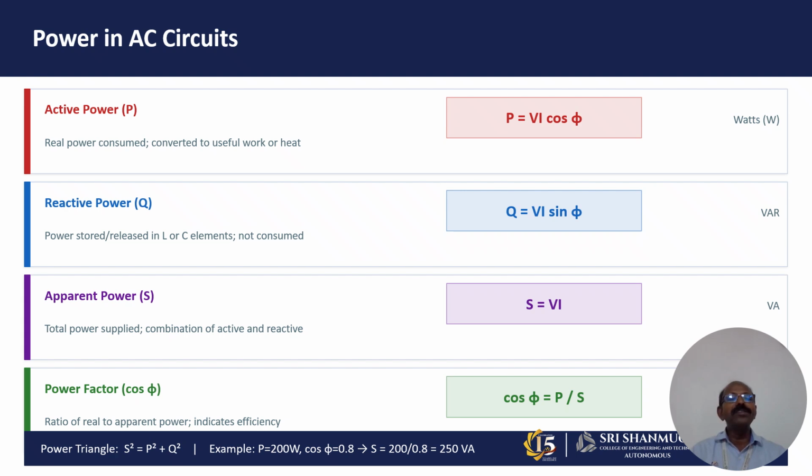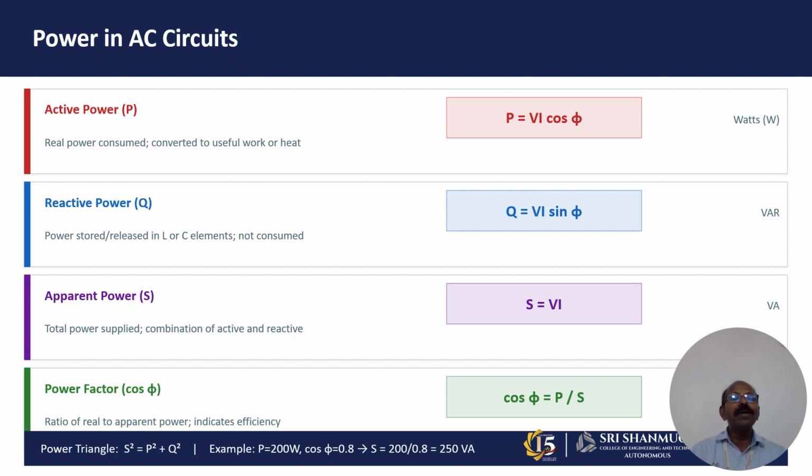The next one is reactive power. It is denoted as Q, and Q is calculated by VI sin theta, or VI sin phi. This is voltage into current into the sin phi value.